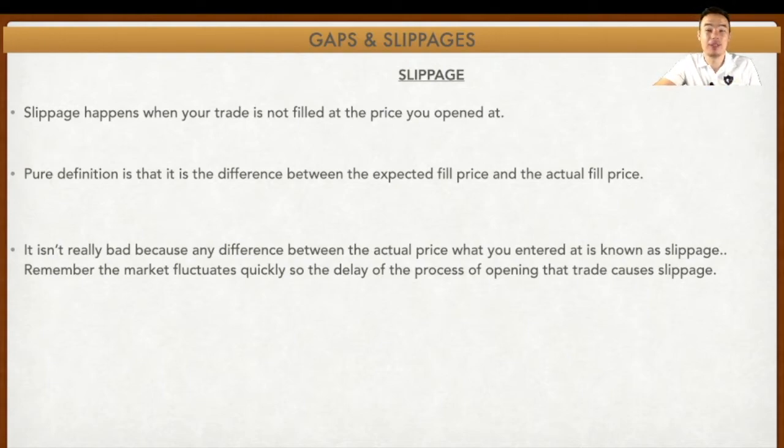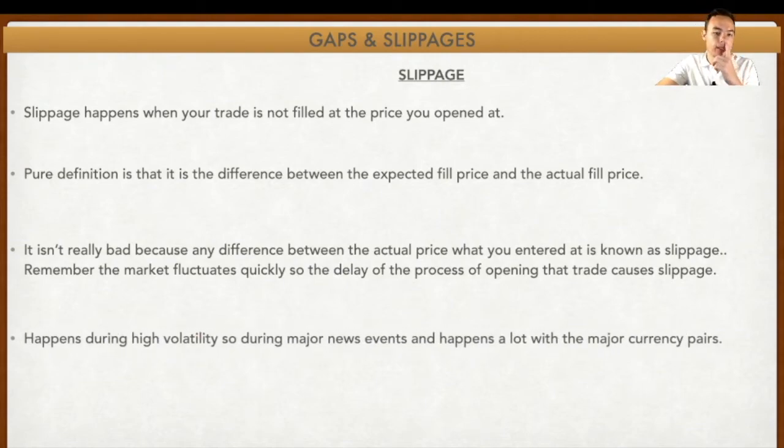The market does fluctuate quick, so the delay, also internet connection, sometimes it's unstable, so some people don't have the best internet connection, so just a little price change is slippage. It happens, so it's not that big of a deal. It's not as major as a gap.